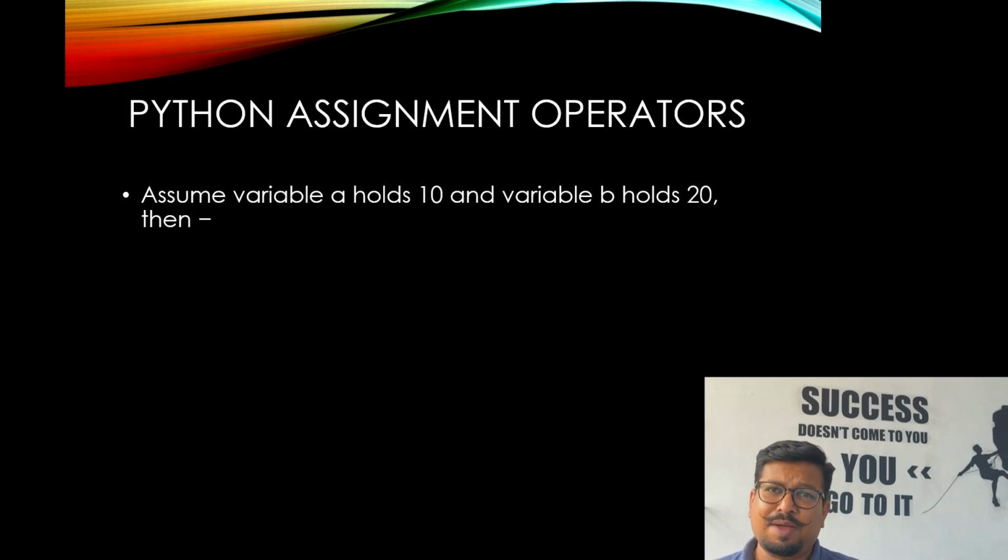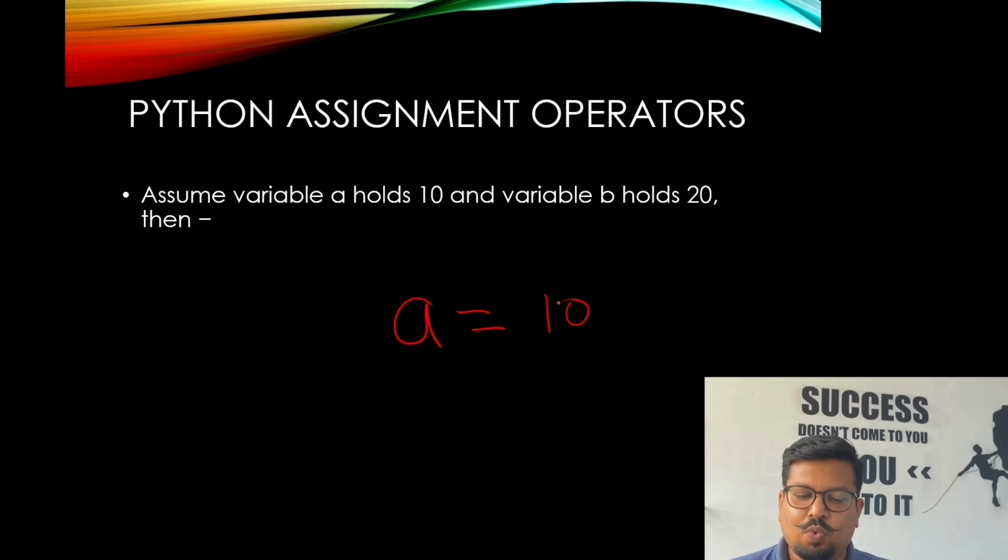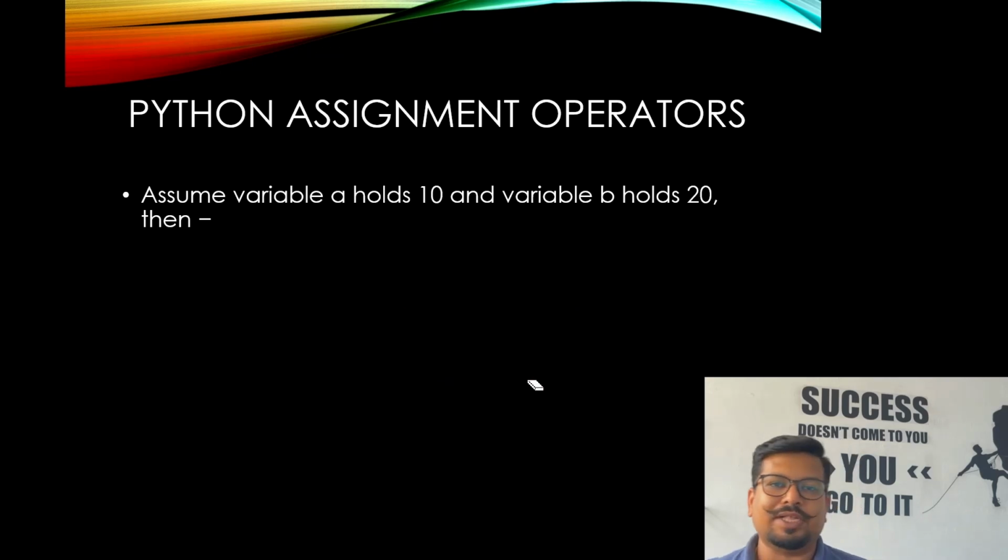As in any other programming languages we have seen, there is an assignment operator, for a simple example, A equal to 10. What it does is it is going to store the value 10 into A. That means the value 10 will be assigned to A over there, and that is called an assignment operator.